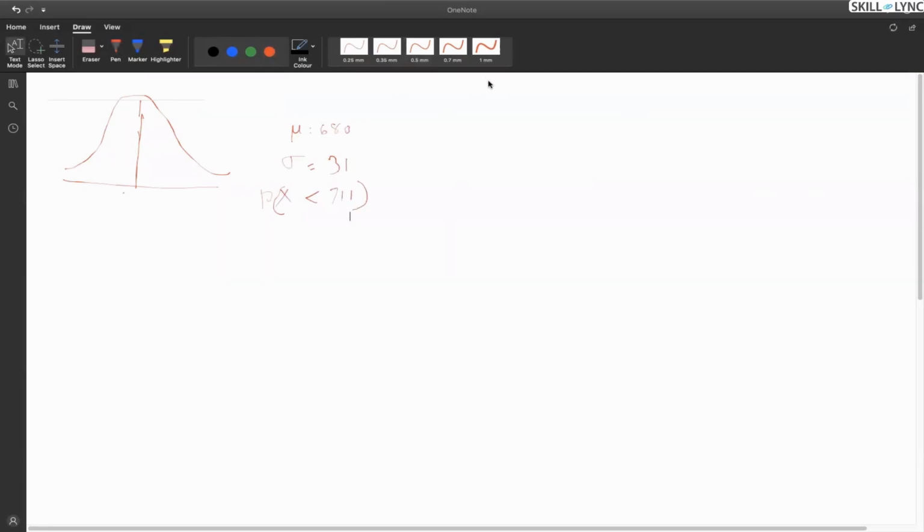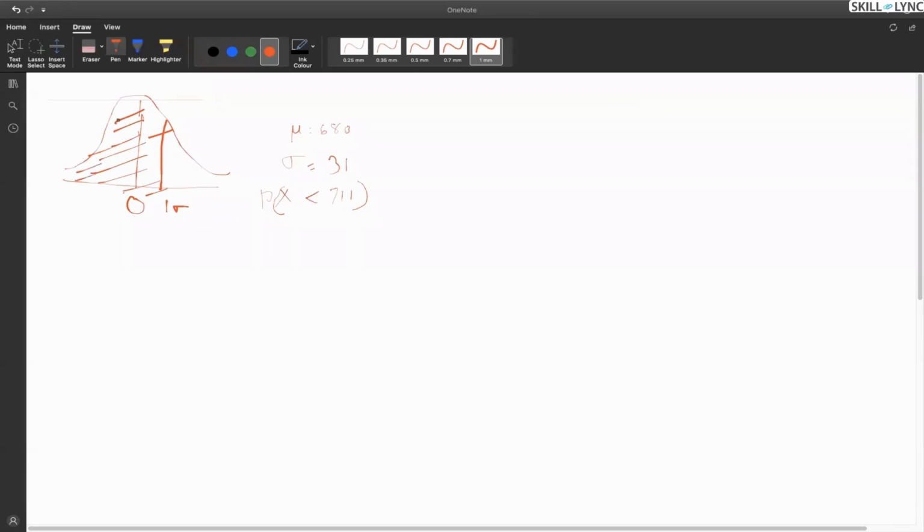It's pretty simple for this problem because x is greater than the mean, and by how much, 31 values, which is equal to 1 standard deviation. So if 1 standard deviation is here in the standard normal distribution, this is 0, this is 1 sigma, then this would be your final probability. This would be your answer.